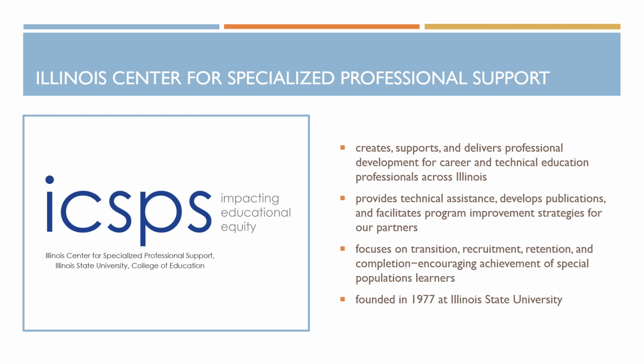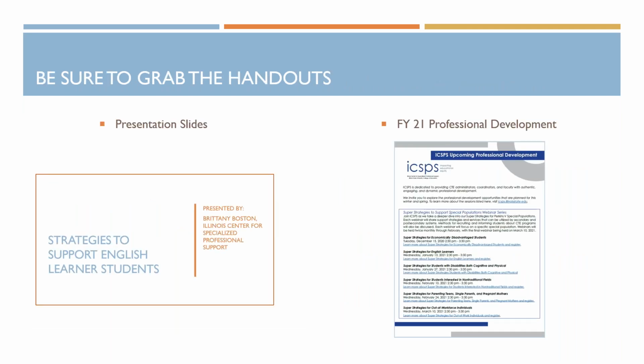We focus on equity, transition, and access, recruitment and retention, and especially as that pertains to special populations learners. And that can manifest through technical assistance or the development of publications or webinars such as this. So that's just a little background knowledge about the center and who we are.